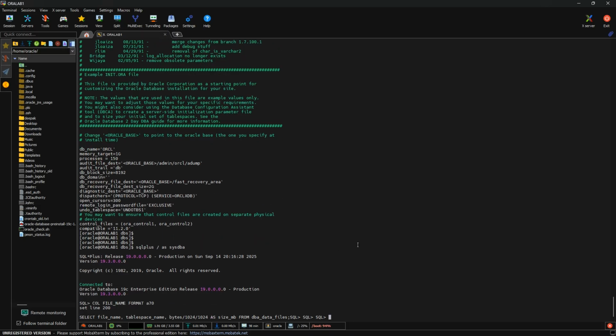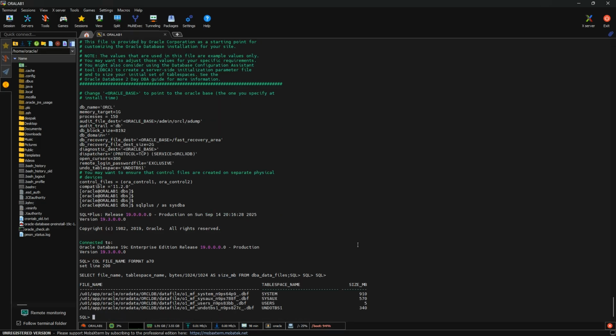So select file_name, tablespace_name, bytes, shown in GB as size in MB, from dba_data_files. This is the view. You can see the data file locations. These are the locations where your data files exist, not the control files and redo log files.